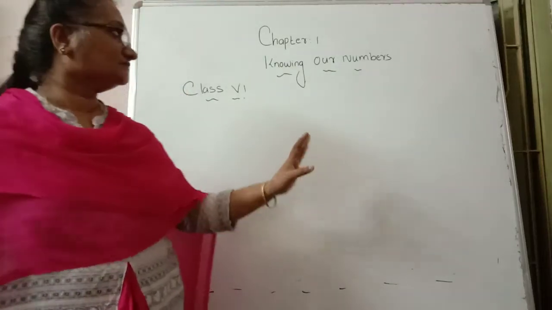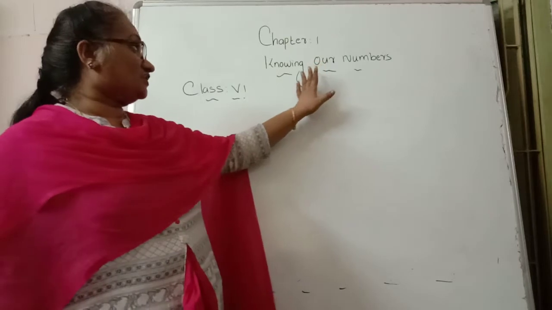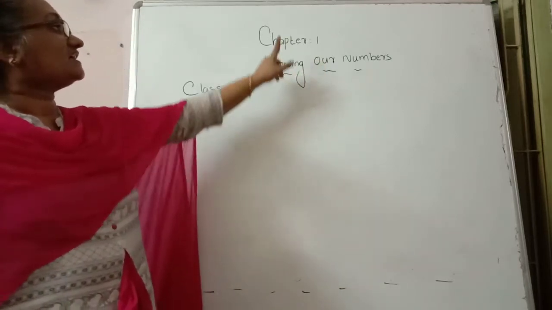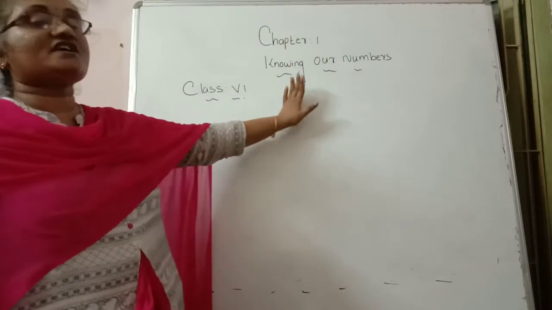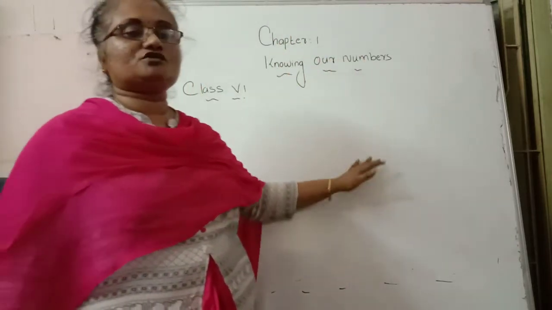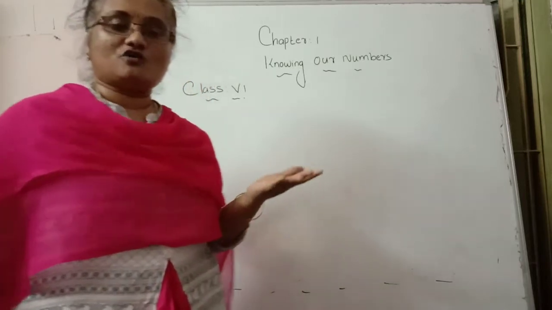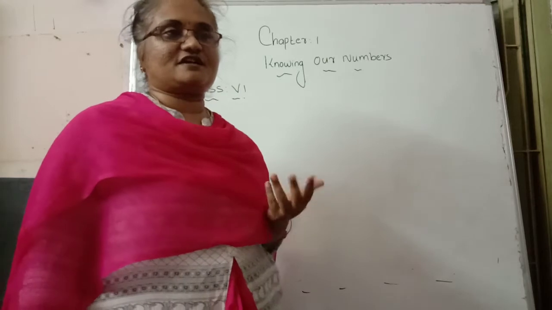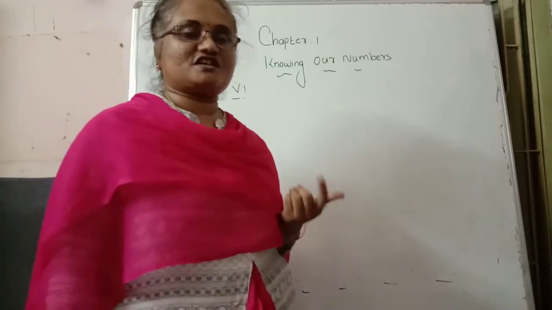Are you fine? So today we are going to learn a 6th class topic, chapter 1, Knowing Our Numbers. That means we go through this chapter on how to read the numbers, which is the smallest number, which is the greatest number.